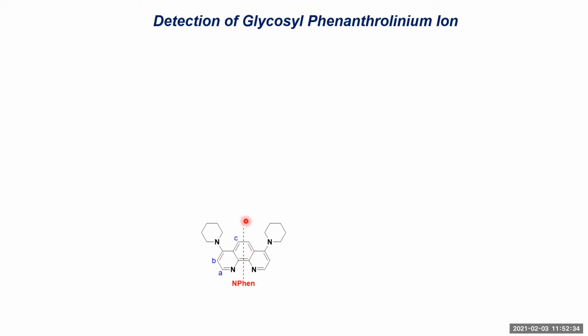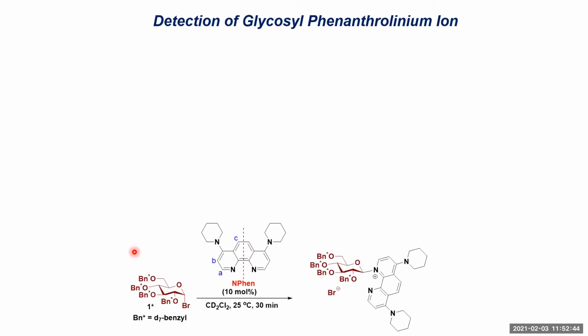In proton NMR, we're only going to see 3 signals around the aromatic region. So once we have a sugar coupled to our phenanthroline, the plane of symmetry will be lost immediately. Can we observe this in the aromatic region of the proton NMR to see if there's any change in our catalyst?